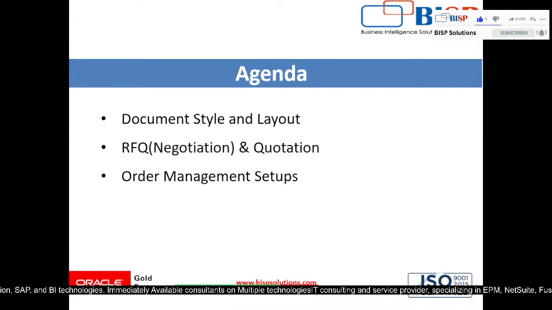As we are SCM consultants, we discuss only a few points, like how a technical person finds the layout, how they modify some fields, and how they upload it in the system. So first we will cover the style, and later on we will cover the document layout.